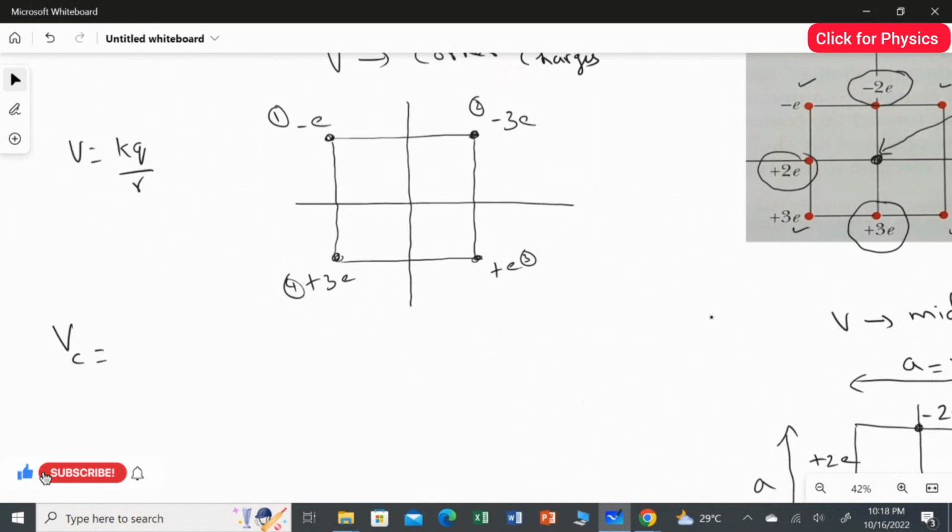So the corner charge potential is equal to KQ over R. I'm going to substitute the value of the charge. What is the first charge?